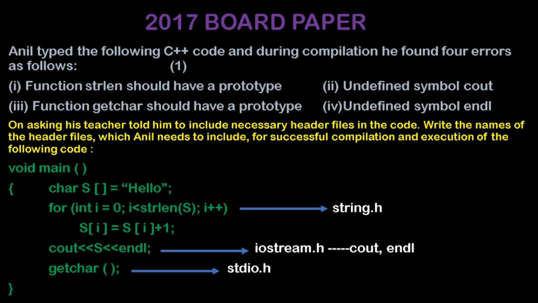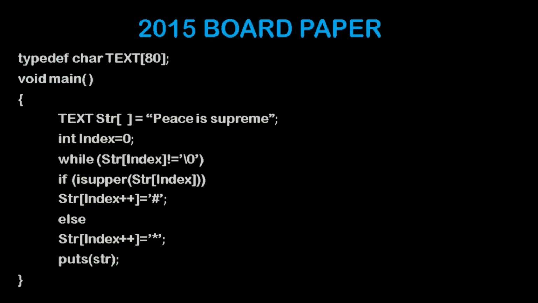Okay. So the next paper is 2015 board paper. typedef char text[80], void main, text str = "Its supreme", int index = 0, while str[index] != '\0', if isupper(str[index++]) str[index++] = '#', else str[index++] = '*', puts(str).